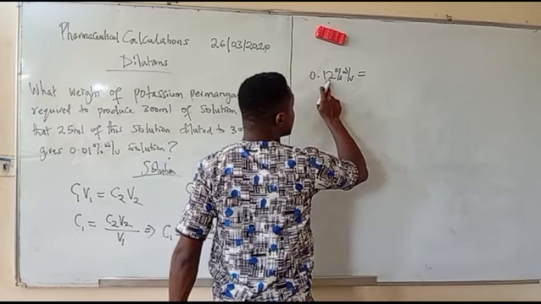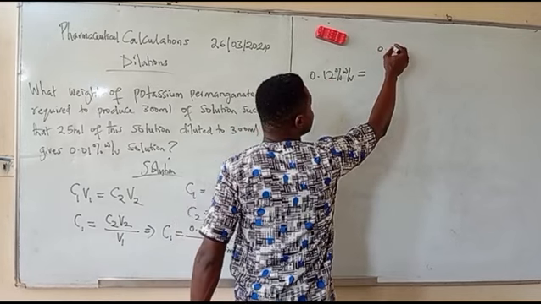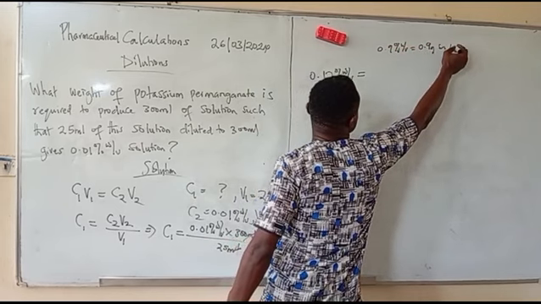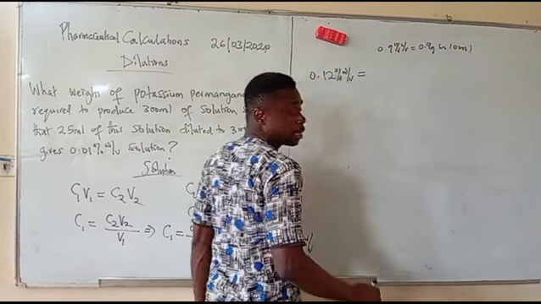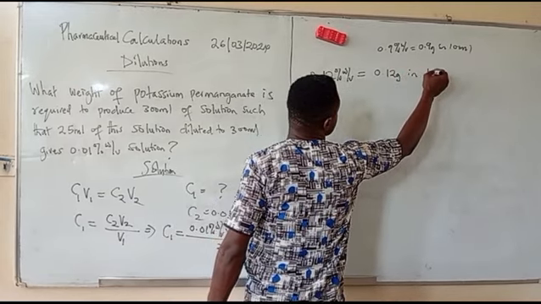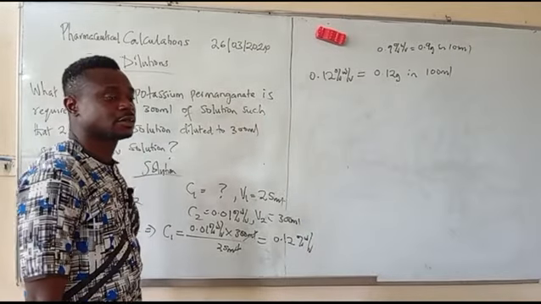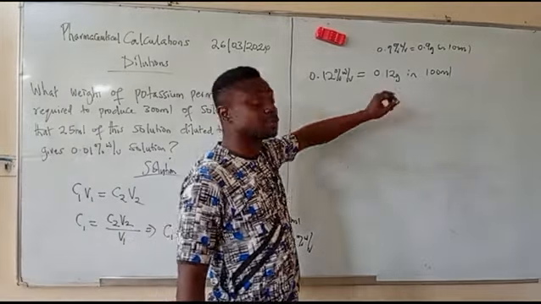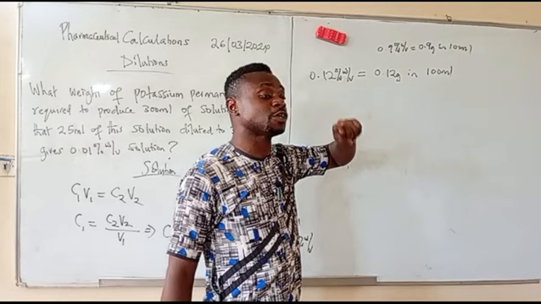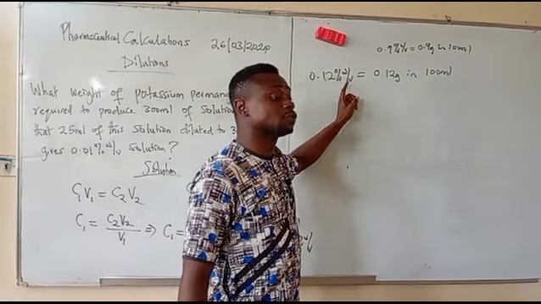But what about 300 ml? So if 100 ml potassium permanganate solution contains 0.12 gram of potassium permanganate, 300 ml will contain X. Is it clear? So X is equal to 0.12 gram times 300 ml over 100 ml. The ml cancels ml, 100 divides 300, we have 3. 3 times 0.12 gram is 0.36 gram.